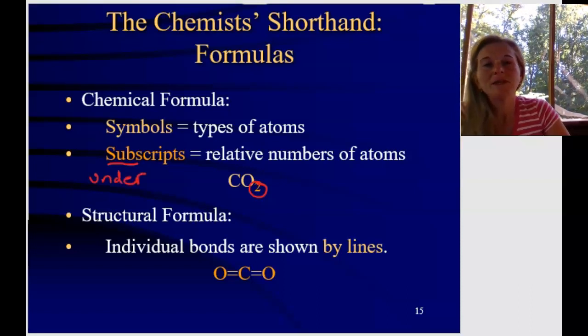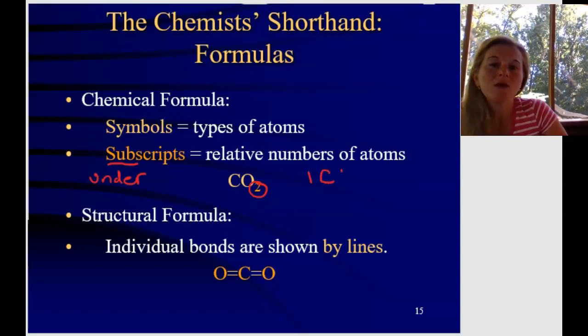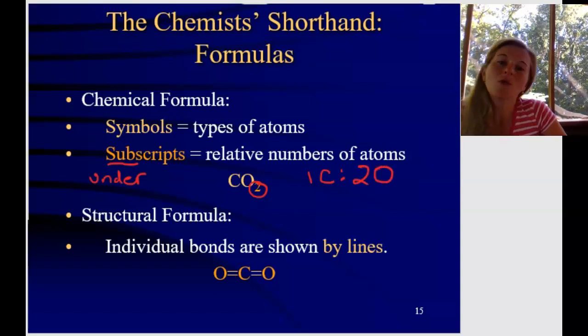Super means upper, like Superman flying up above. So a number down here tells us how many of this atom we have with this atom. So carbon dioxide has 1 carbon for every 2 oxygens. That will always be carbon dioxide.